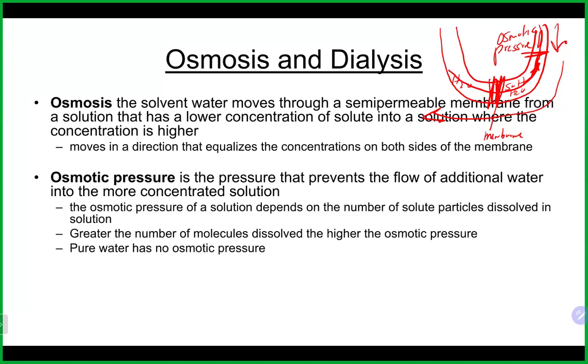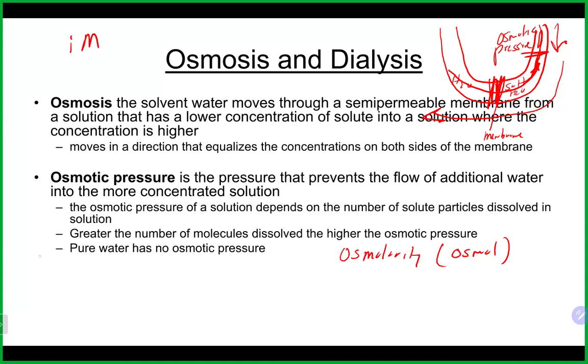You could calculate the osmotic pressure in a unit that's sometimes referred to as osmolarity, or osmol. You calculate that by taking i times the molarity of a solution, where i is the number of particles in that solution.